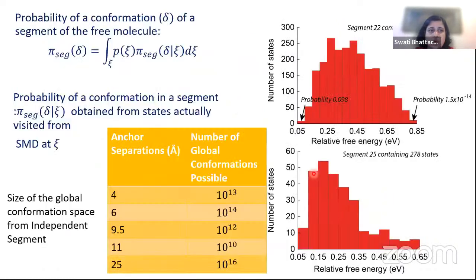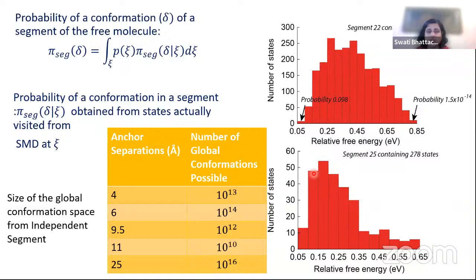Right. So now we have moved over from the independent dihedral assumption to the independent segment assumption, and we can build up the probability of a conformation of the full molecule based on these independent segments. If we choose, we can also focus on local parts.